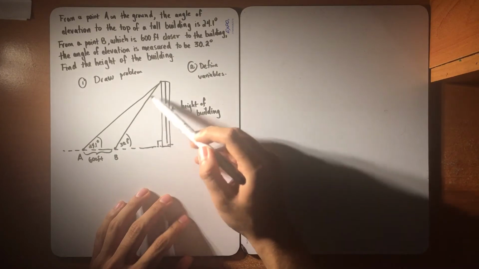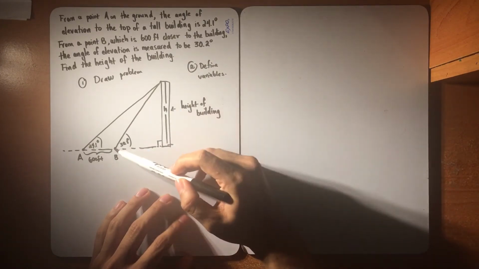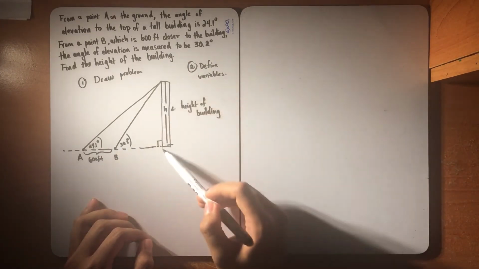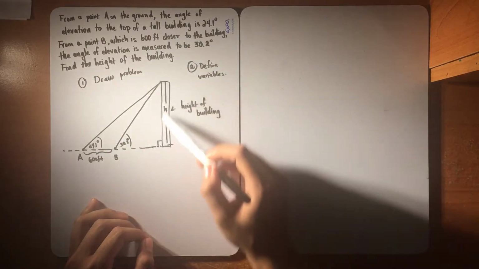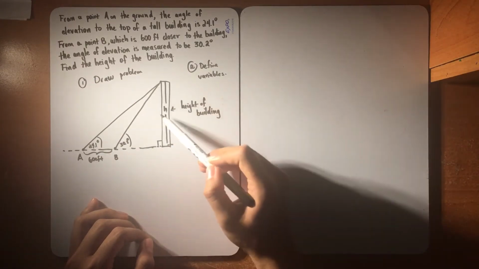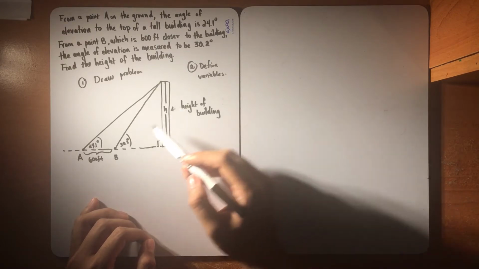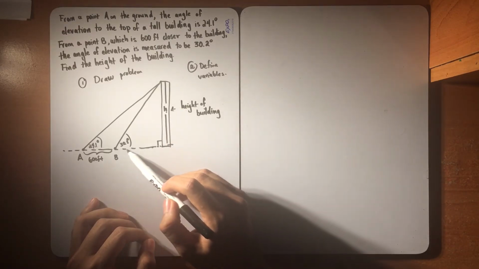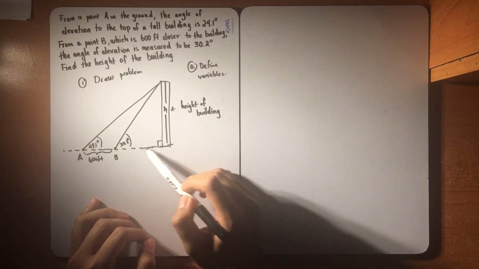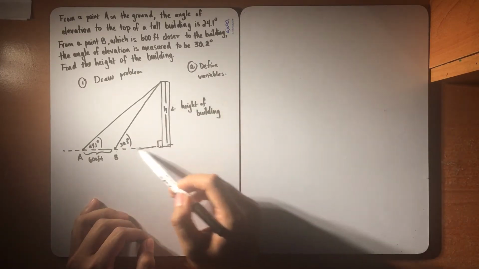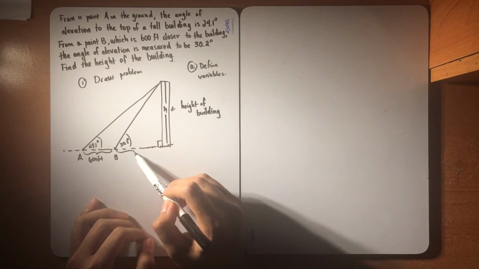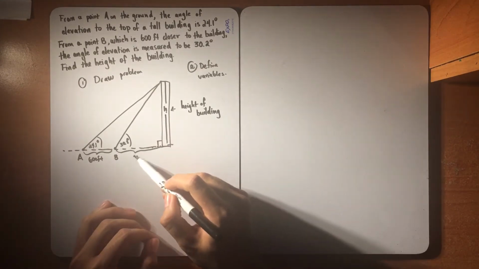We have a right triangle here, small one, and we have a larger one here. And in both of these triangles, we have a common H that's unknown. Also, if you pay attention here, this side appears in both of these right triangles. So we could use this guy and call it X.